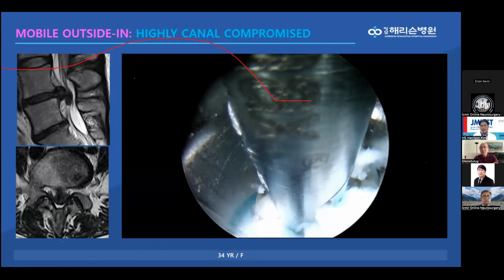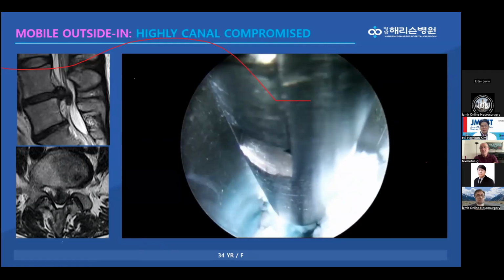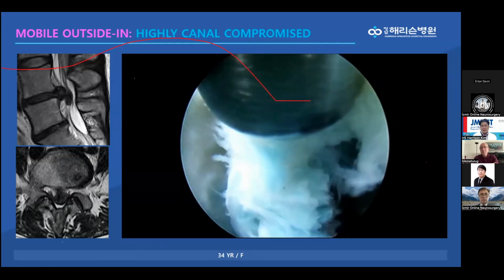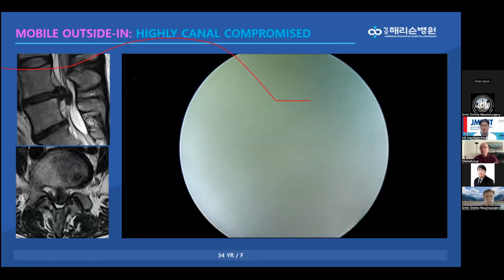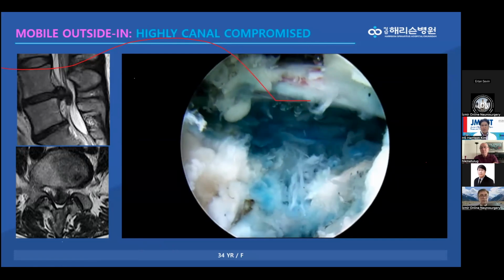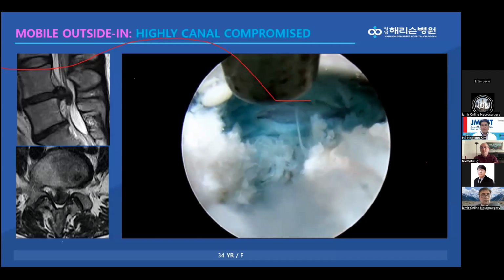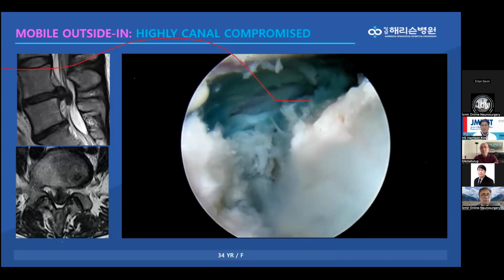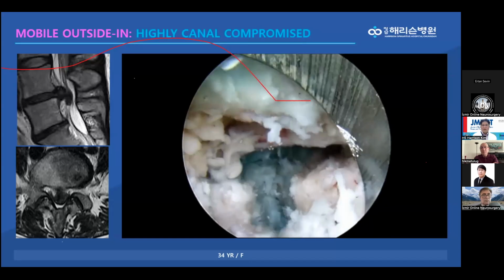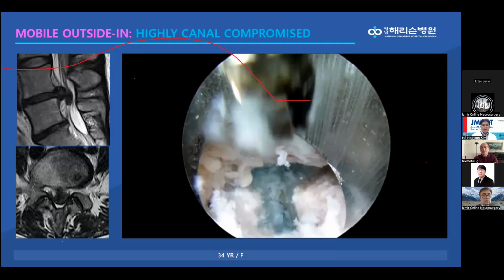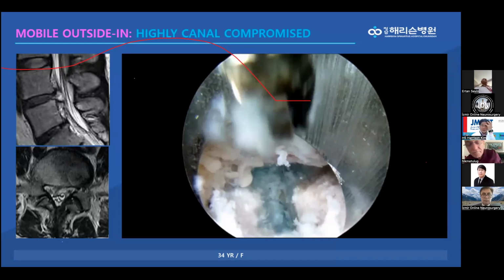After that, lessen the working channel angle, and I approach the more dorsal point. I'm checking the more dorsal point. The working channel can still go outside-in in this area. After that, the patient's foot drop recovered completely 3 months later.